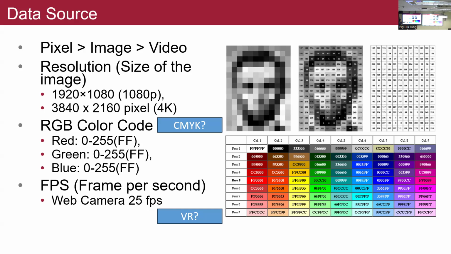Frames per second means how many images I can give you within 1 second. When I was young, most likely it's 25. Honestly, I cannot identify the difference between 25 and 50. 50 is okay.